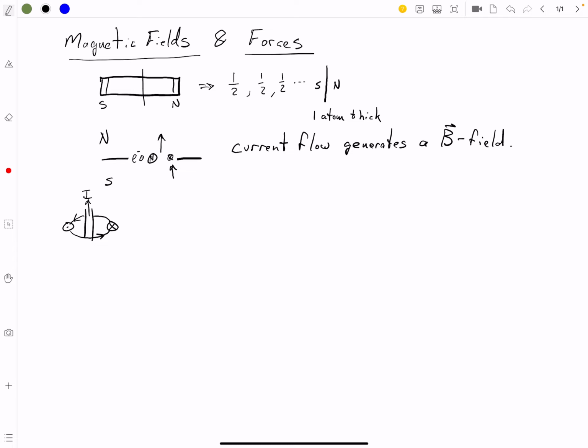Our B field, okay? How do we do that? Well, it was the right hand rule that we used, and that tells us the direction of the B field.